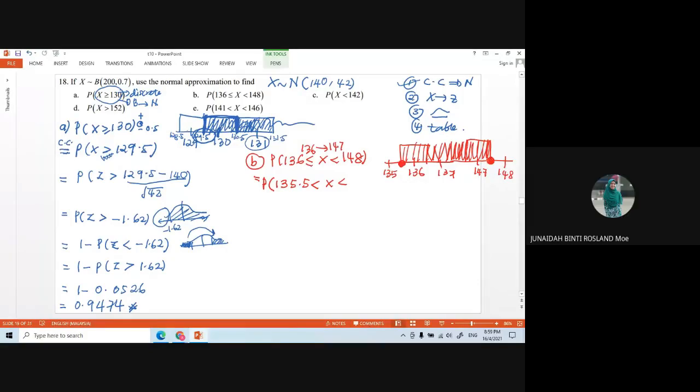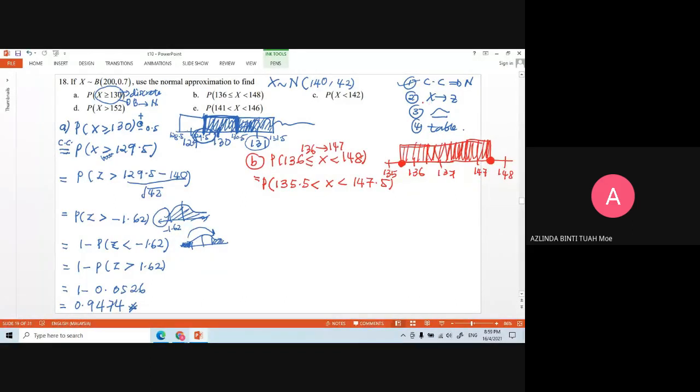Okay, 147 stop at 147.5, belum sampai 148 lagi. Okay. So sekarang dah masuk dalam normal distribution. So dah settle continuity correction, dah masuk dalam normal.